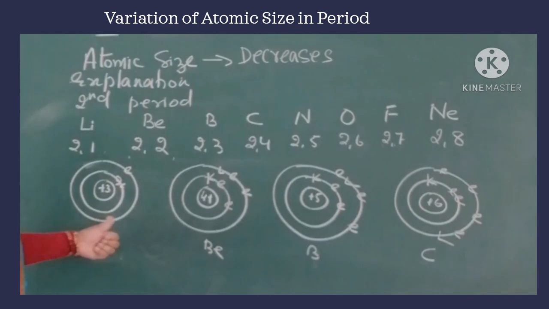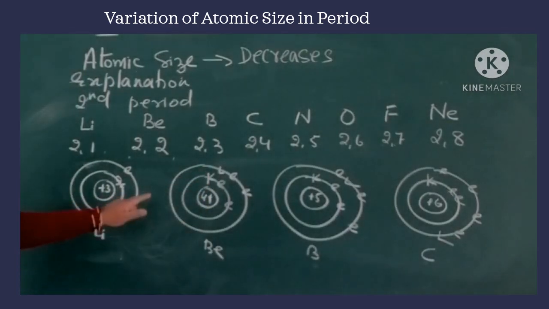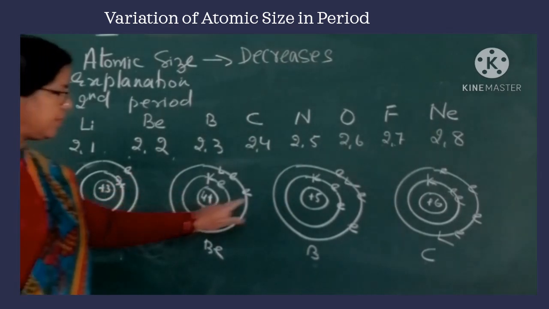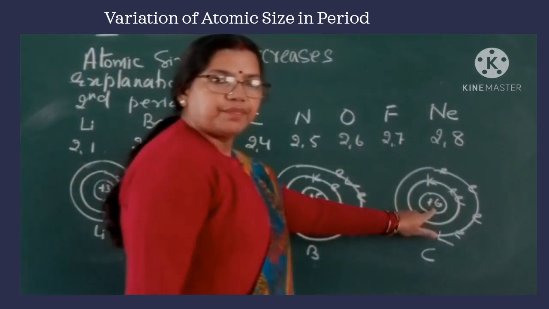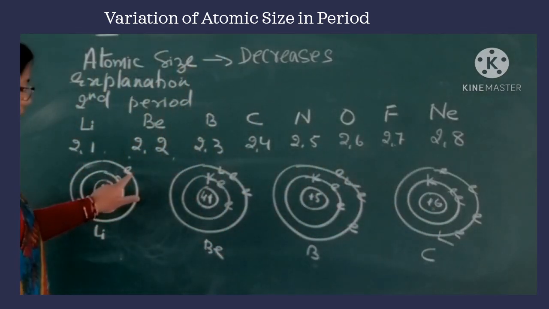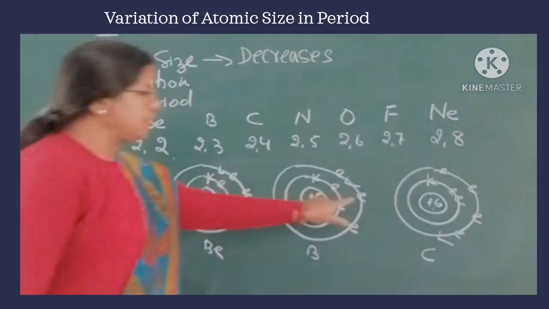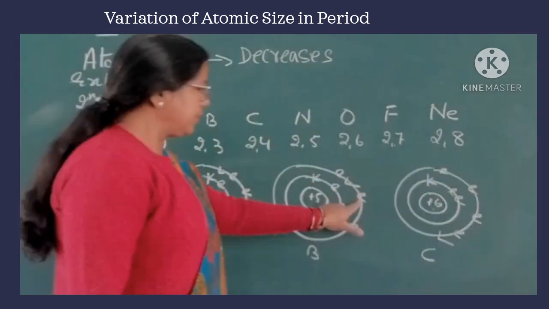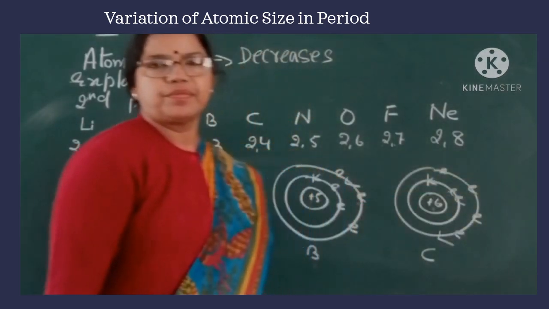So when we move from left to right, you can see the number of protons increases by 1 unit. At the same time, the number of electrons also increases by 1 unit. Here it is 1, 2, 3 and here 4.